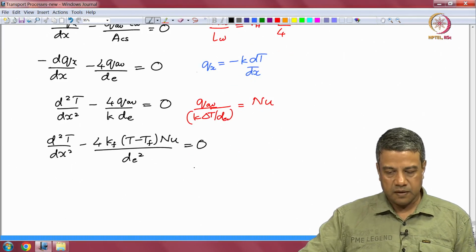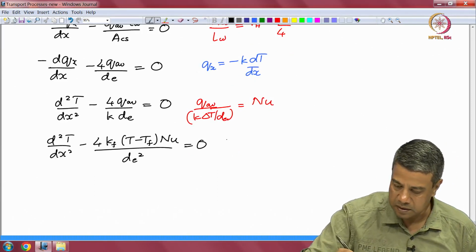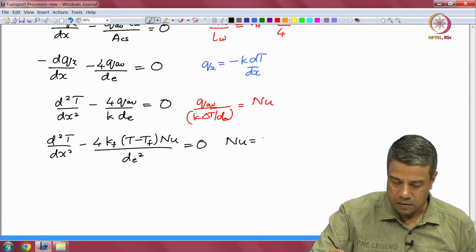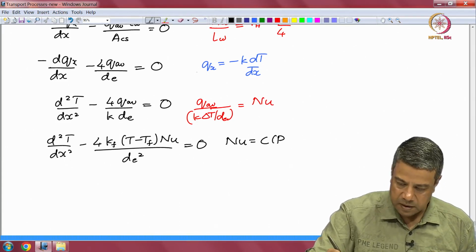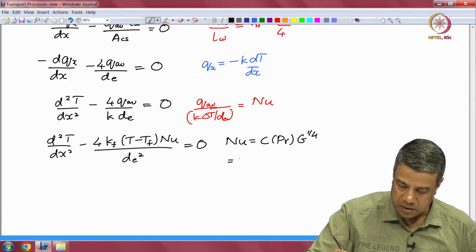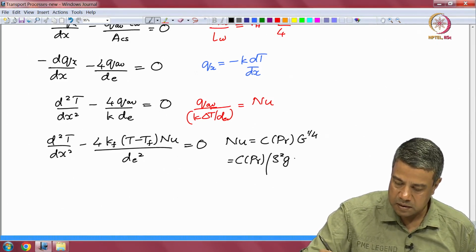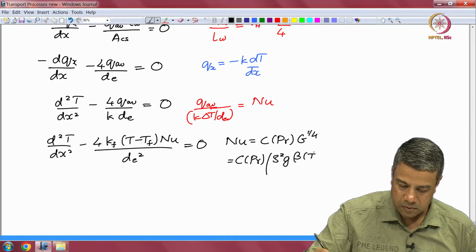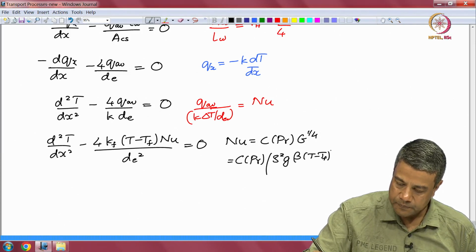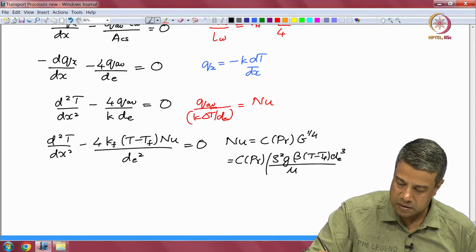And finally, we have to substitute the Nusselt number correlation as a function of Grashof number. Nusselt number is equal to a function of Prandtl number times Grashof number power 1 by 4, which is equal to a function of Prandtl number times rho square g beta into T minus Tf, dE cubed by mu square.